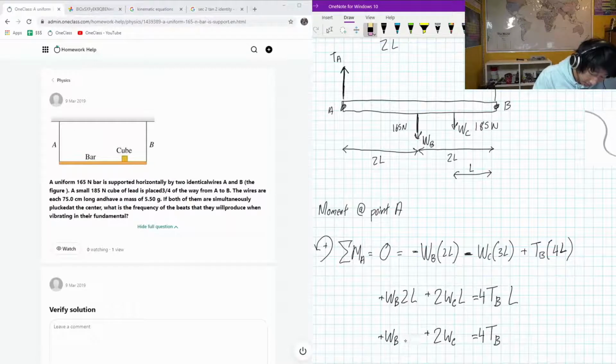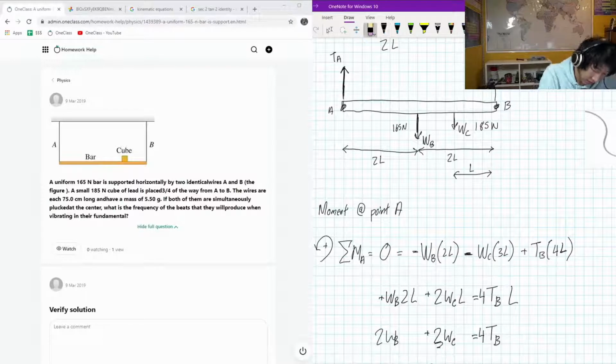Oops, we still need that 2 and that W. But we can also divide both sides by 4 to just get TB. And we know that that's just going to be like 1/2. Whoa, it's 3WC, so it's actually not going to be 1/2.